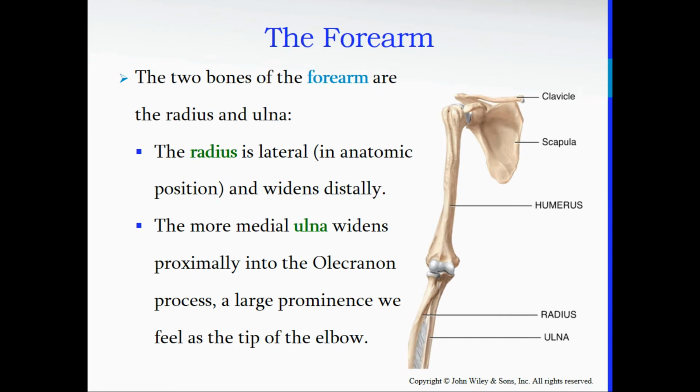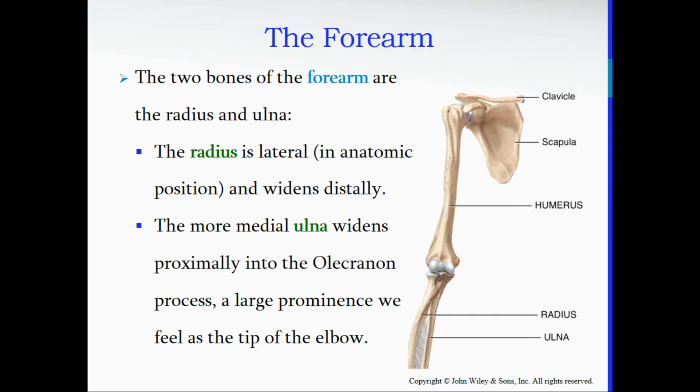The two bones of the forearm are the radius and the ulna. The radius is lateral in the anatomic position, again, with the palms facing forward, and widens distally. So as the arm heads towards the wrist, it becomes much larger, much wider at the wrist.